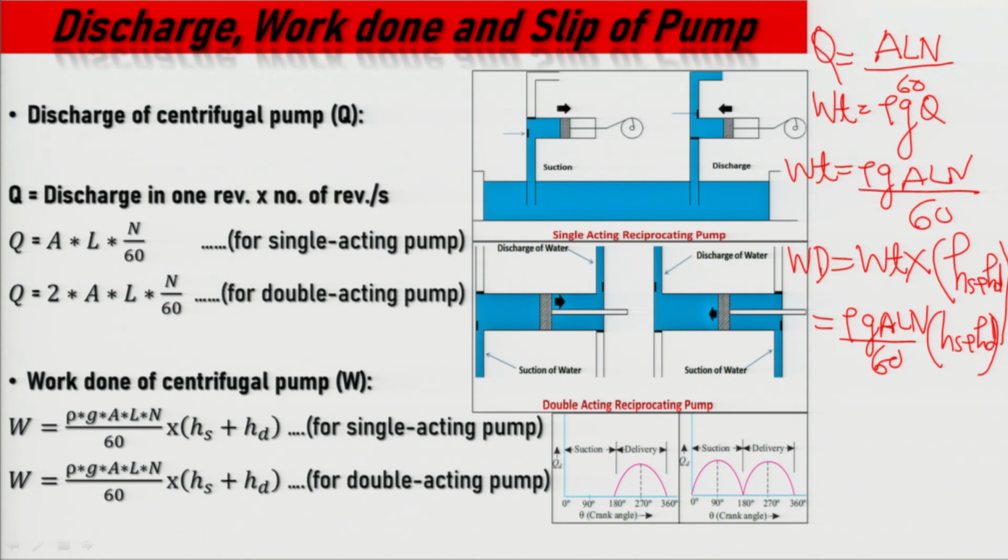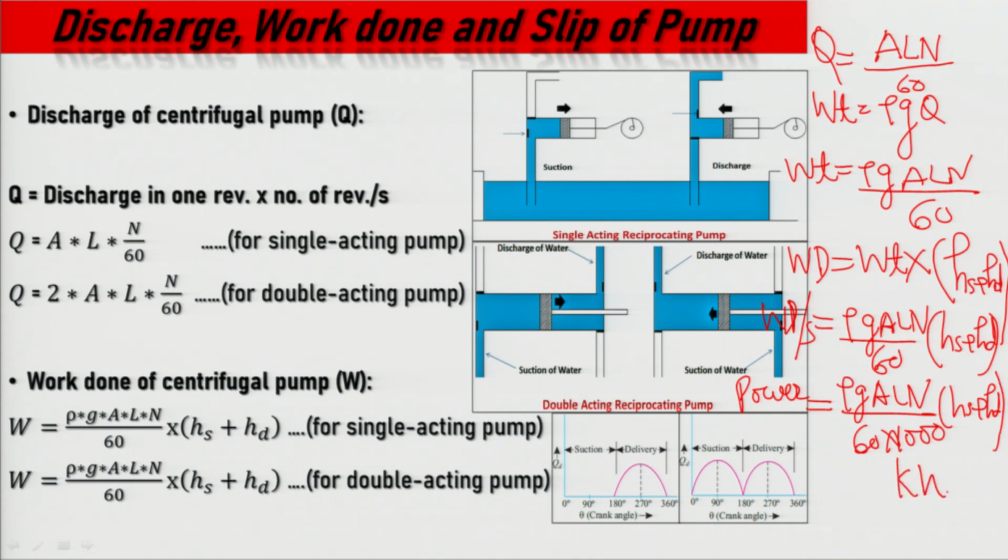This is the work done per second, so that becomes power: rho g A L n upon 60 into 1000, into Hs plus Hd. This unit is in kilowatt.